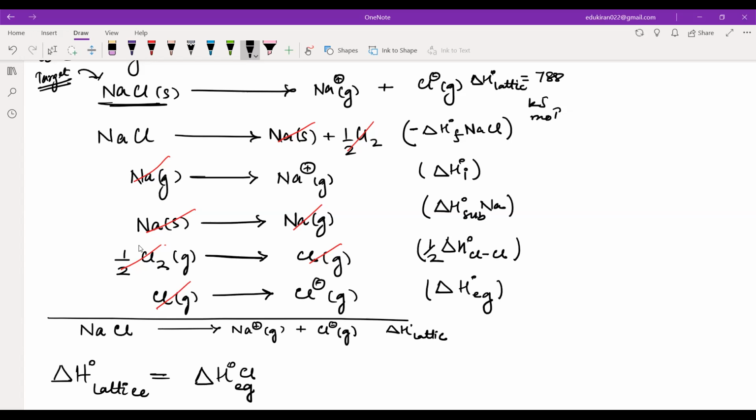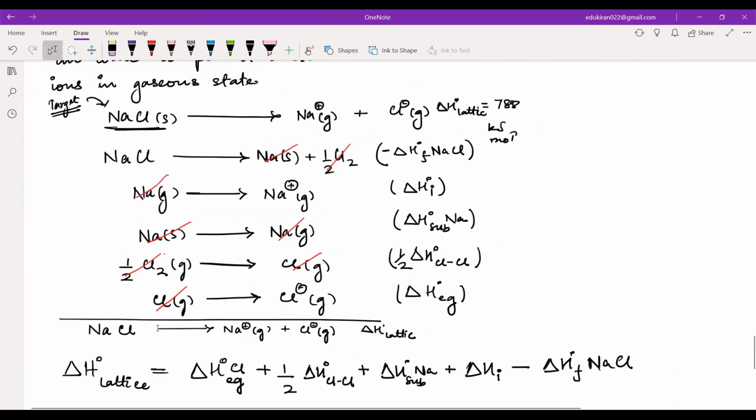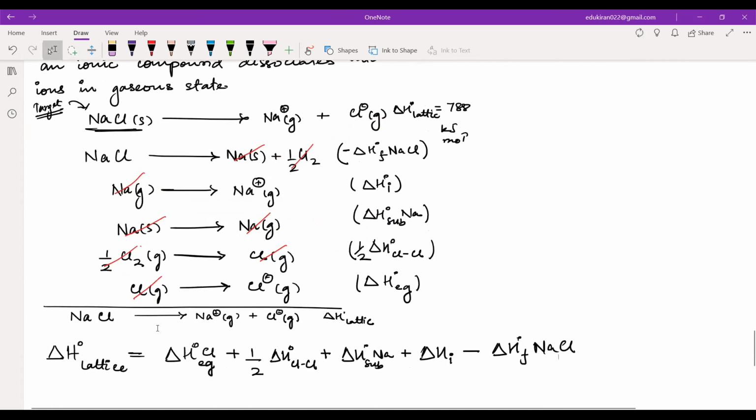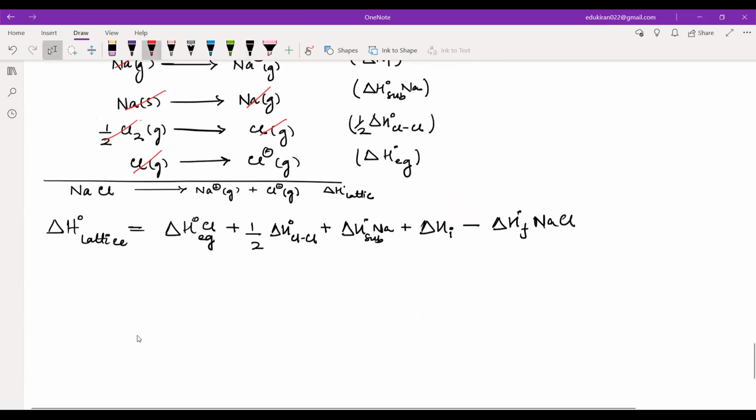Of chlorine, plus half of delta H naught of the chlorine bond, plus the delta H naught of sublimation of sodium, plus the delta H naught of ionization, minus the delta H naught of formation of NaCl. Okay. So all of you understood this? Yes or no? This is known as the Born-Haber cycle.